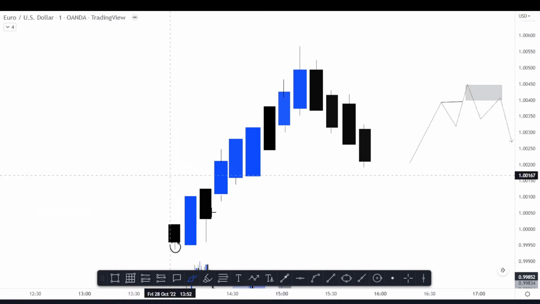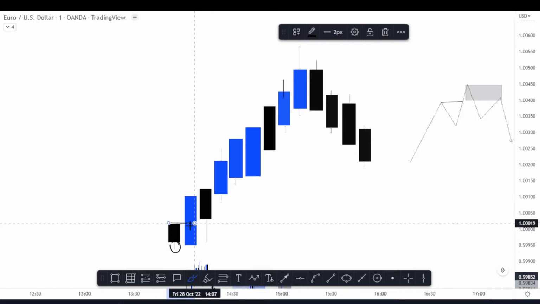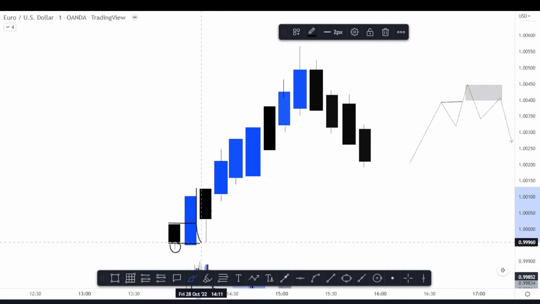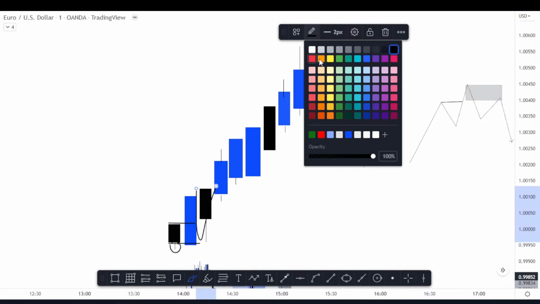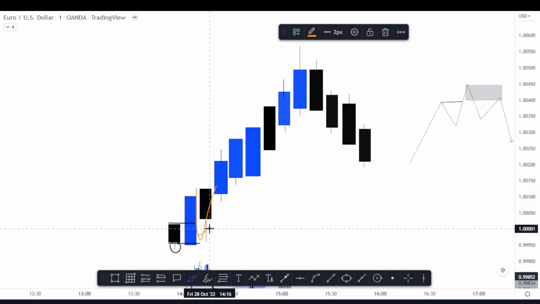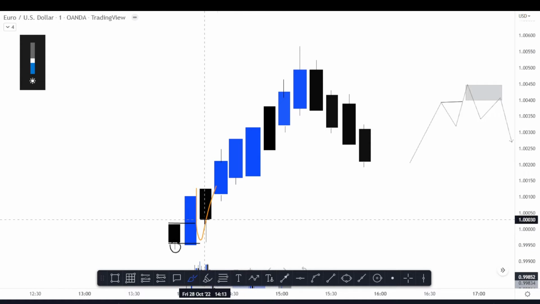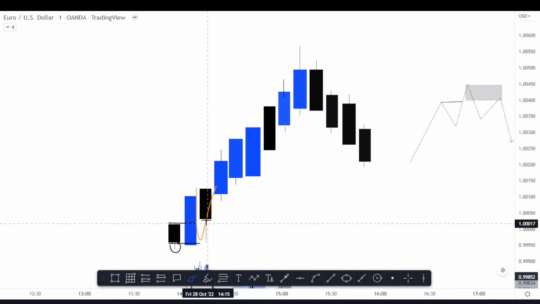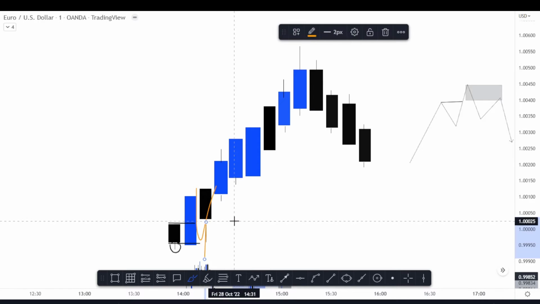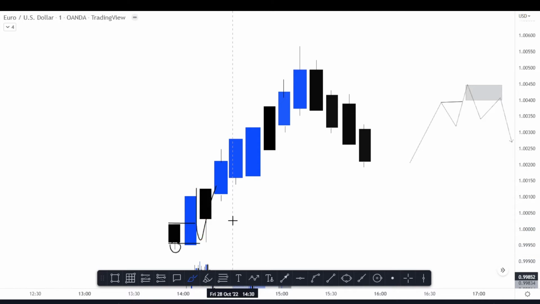Now this is an indication that price will have more momentum to the upside, right? But it is not a guarantee that it's going to play out. What actually guarantees that it is going to play out is when liquidity is taken out. And in a moment, I'll walk you through exactly how it works.